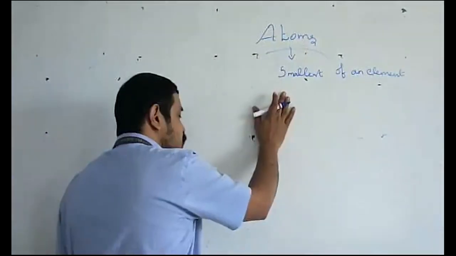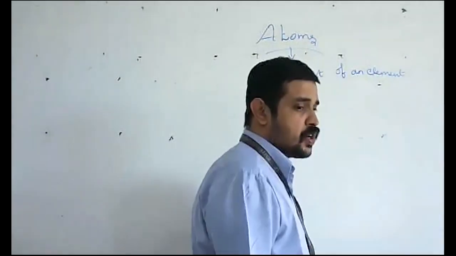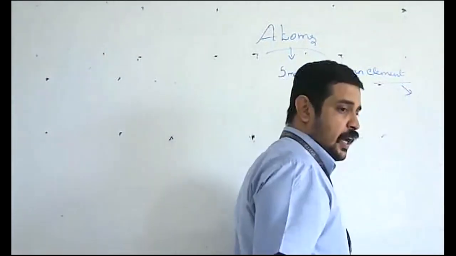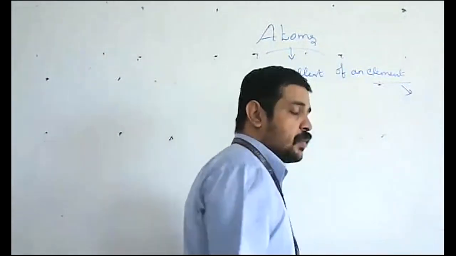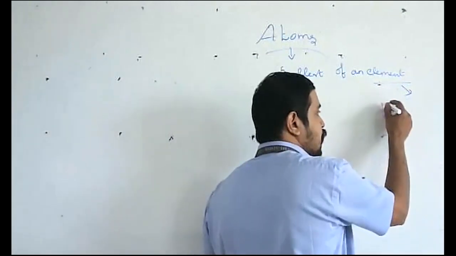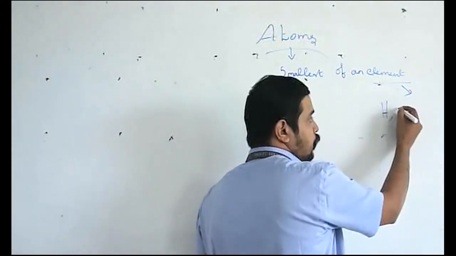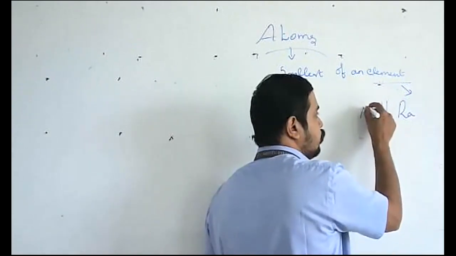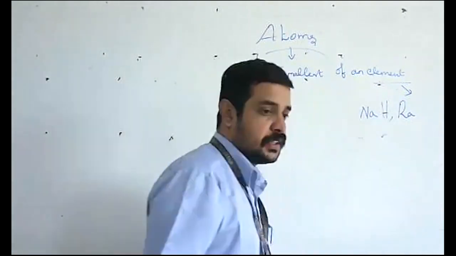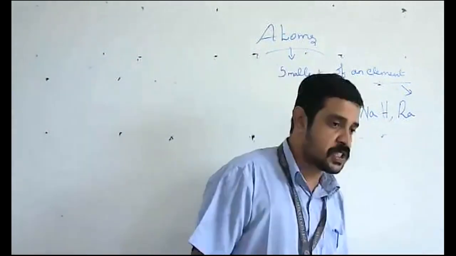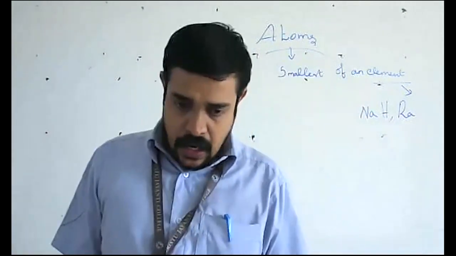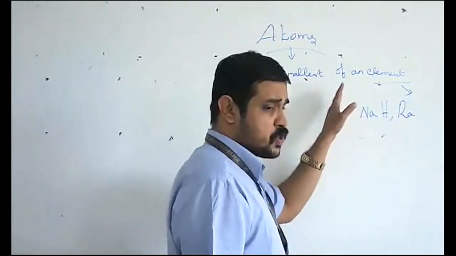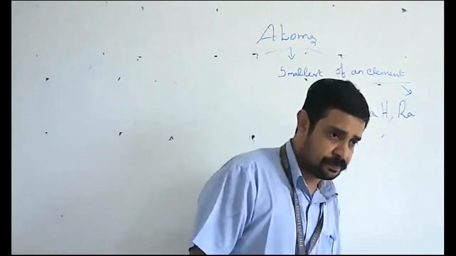By element I mean, for example, hydrogen, radium, sodium, potassium. All these are good examples of elements. If you take any element, atoms are considered to be the smallest component of that element.